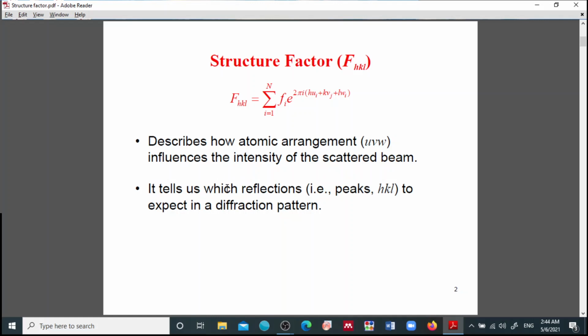And it also tells us which reflections, that is peaks, hkl, to expect in a diffraction pattern. So we can tell from this structure factor which sort of planes will take part in Bragg's diffraction.